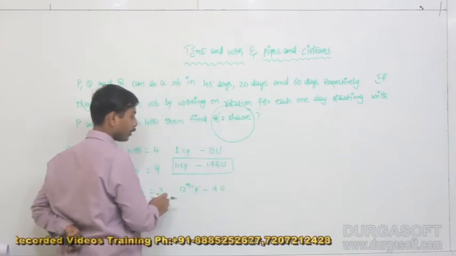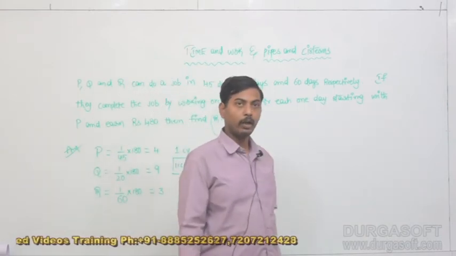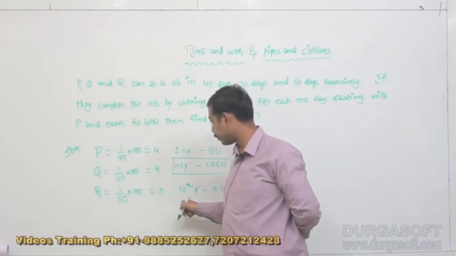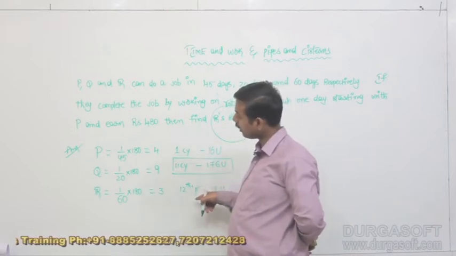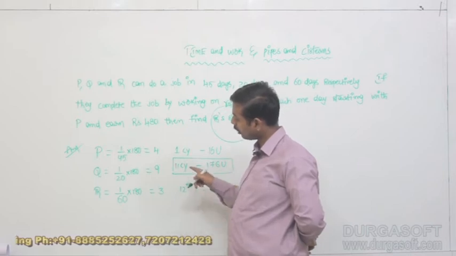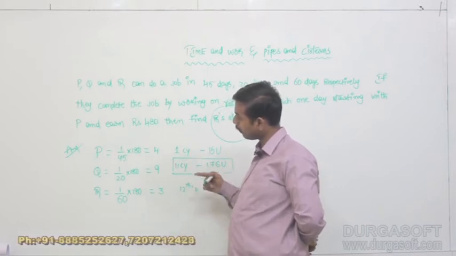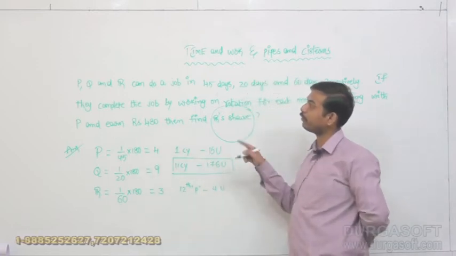In the 12th cycle P works only for that one day and completes the remaining 4 units successfully. The 12th cycle is not completely required, because the first person alone completes all the remaining work pending after the 11th cycle.